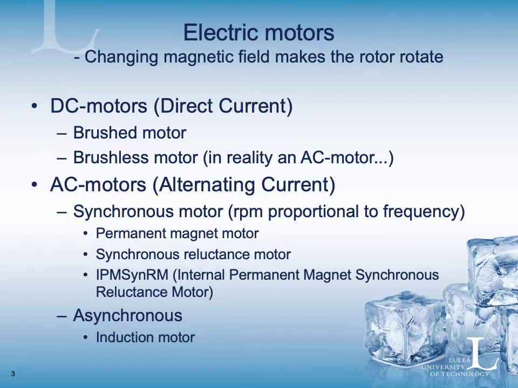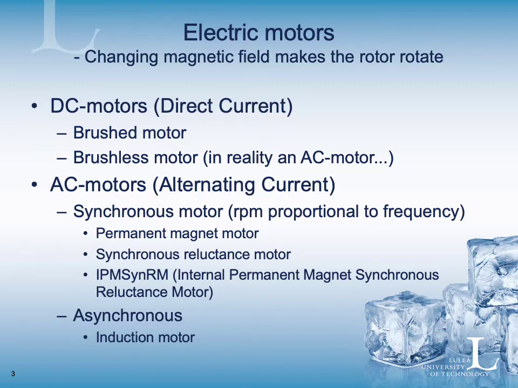And there you have the brushed motor, or you have the brushless motor. The interesting thing is that the brushless motor is actually not a DC motor. In reality, it is an AC motor that is controlled with a type of frequency drive directly from normally the battery or the direct current source. But we will come into that.